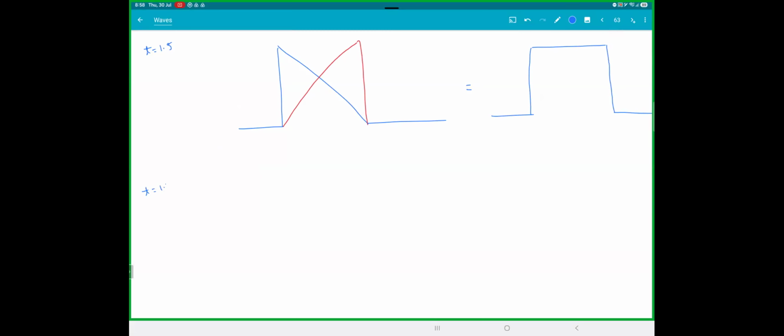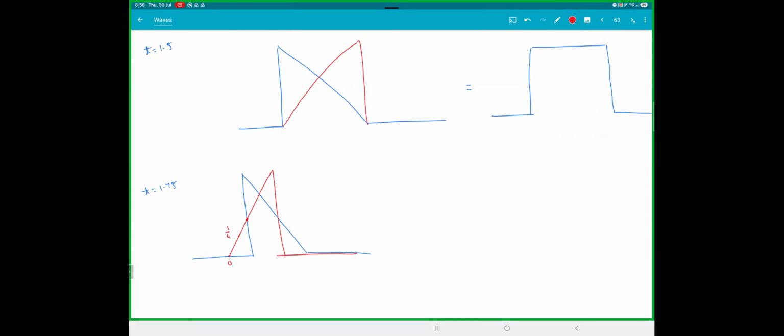1.75, that would look a little weird. Look at this value here. This value here, if you see, this is a 0.